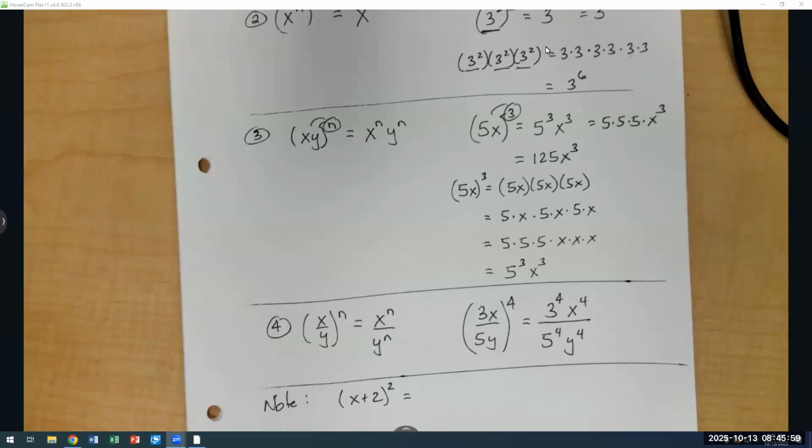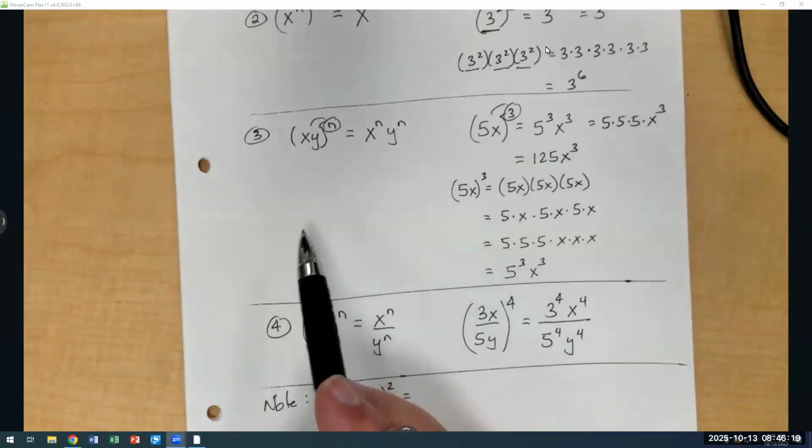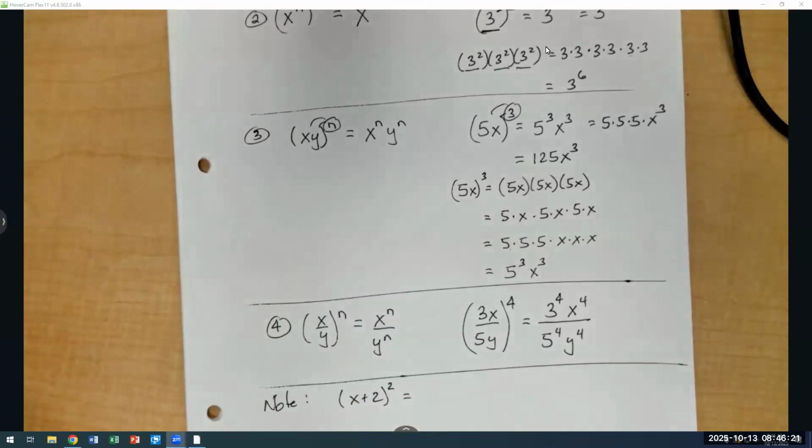What would this one be? x plus 2 all squared. Can we distribute like the other ones? No, because they're separated, they're terms.